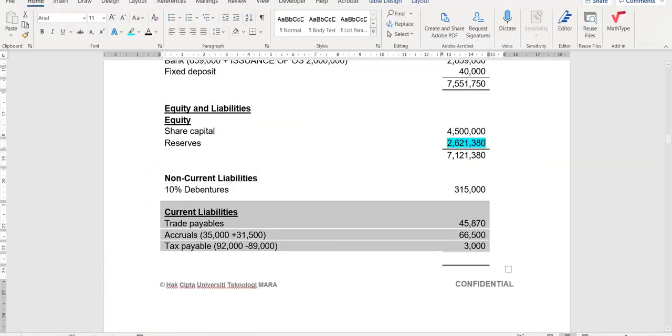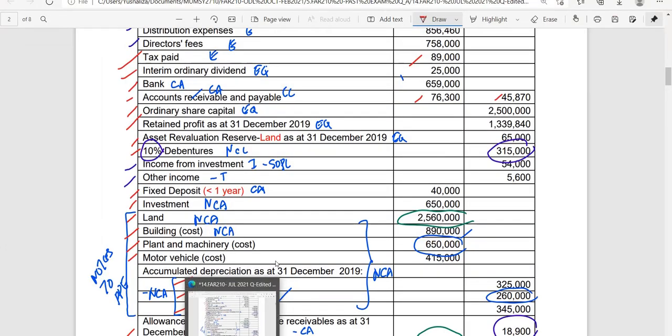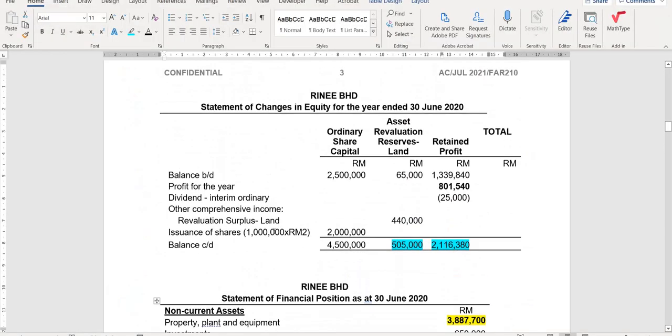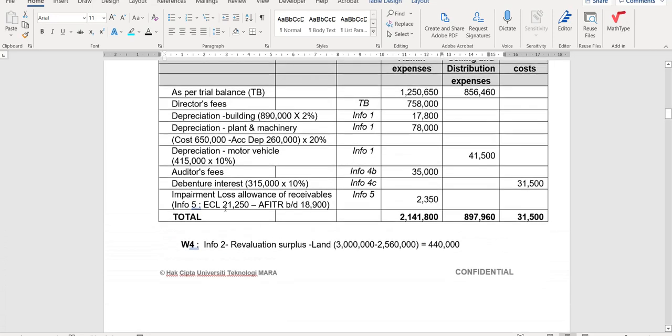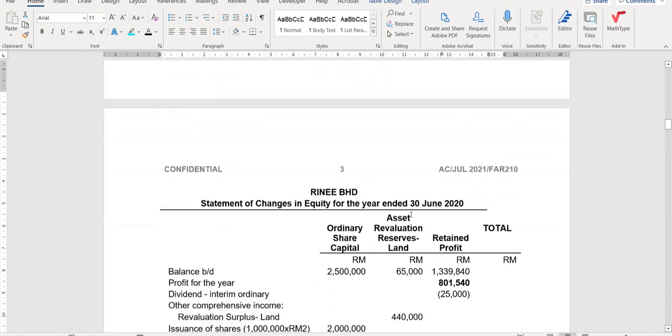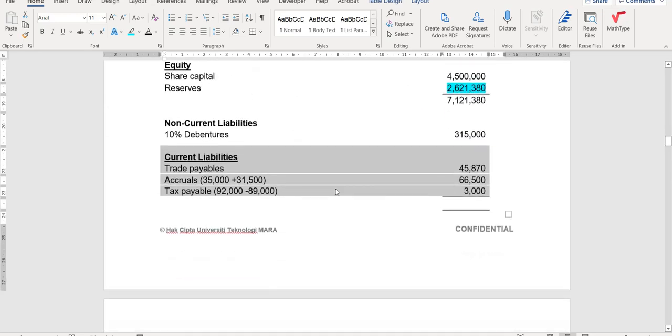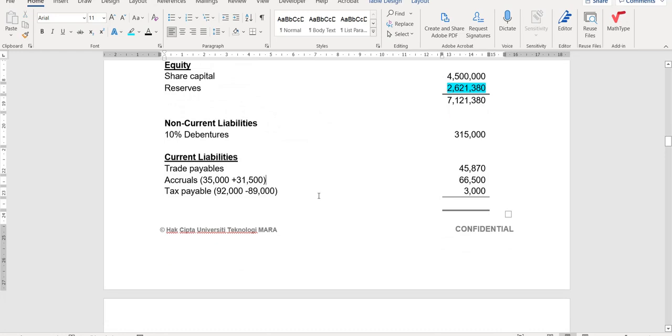Remember accruals, one of it is already done earlier when you were doing your expenses workings here. That was auditors fees and debenture interest accrued. So that was the two things. That is 35,000 and 31,500. Tax payable is the difference between tax charge and tax paid.